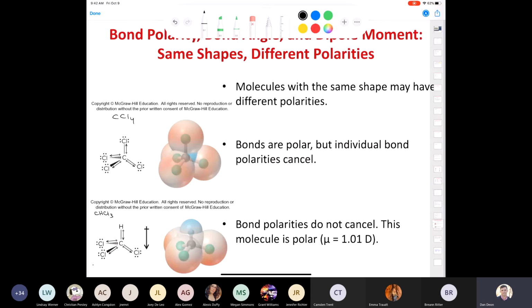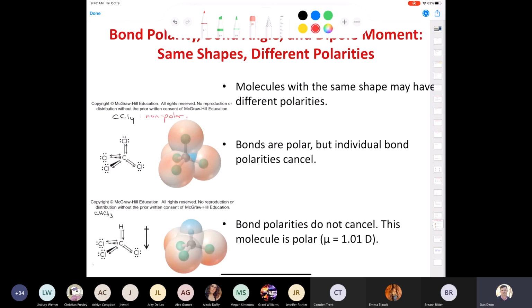The first molecule, which is carbon tetrachloride, CCl4, is nonpolar. Why? Because even though chlorine is more electronegative than carbon, so there is a dipole, there are in fact 4 dipoles that are all going in equal and opposite directions. So since they're all pulling in equal and opposite directions, they cancel each other out, and carbon tetrachloride is going to be nonpolar.